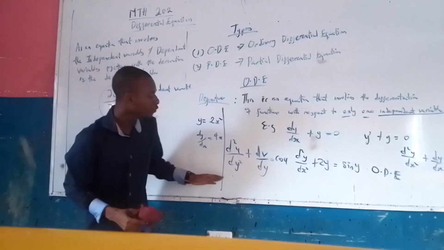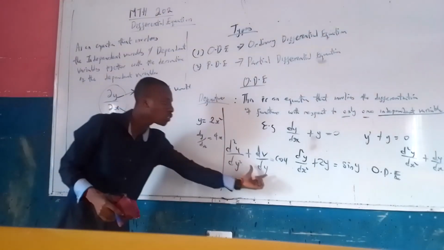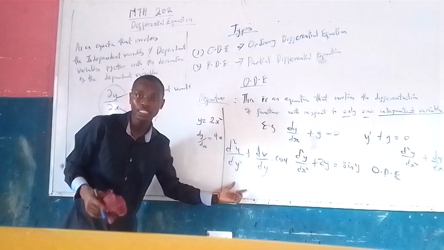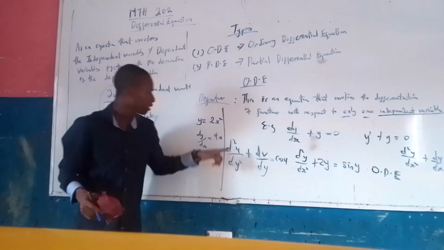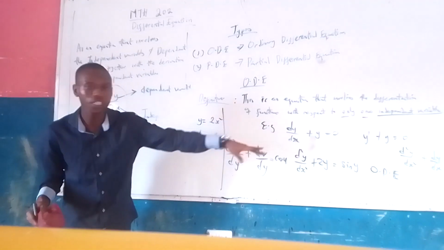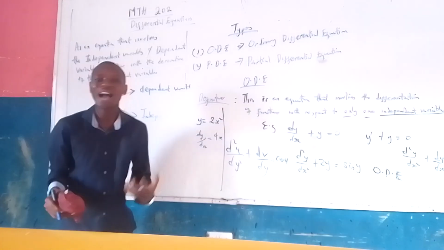If I want to differentiate this, it is with respect to y. u is my dependent variable, y is my independent variable.